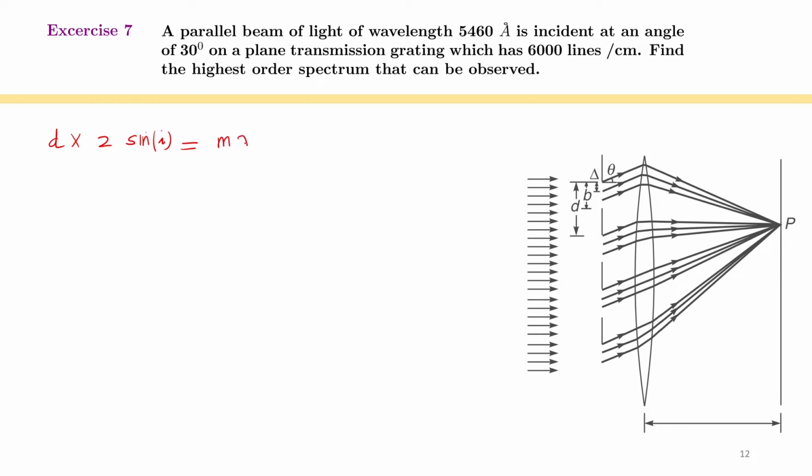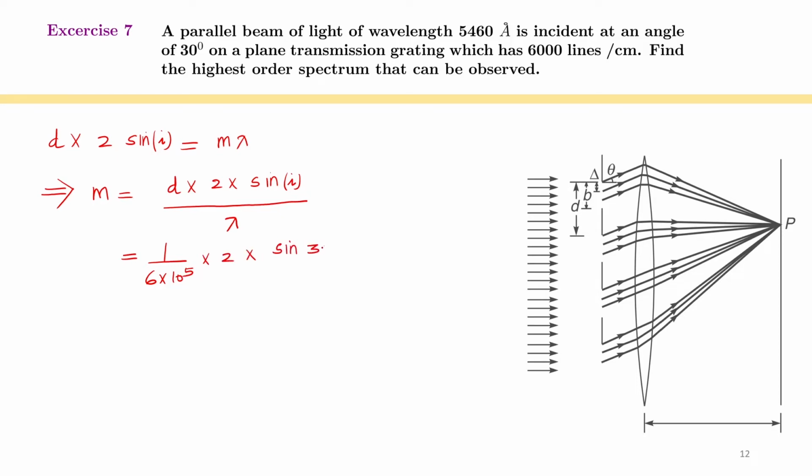Therefore, d times 2 sine i is equal to m lambda, and this gives us m as equal to d times 2 times sine i divided by lambda, and this is 1 over 6 times 10 raised to 5 times 2 times sine 30 divided by 5460 times 10 raised to minus 10, and this is equal to 3.05 or 3.